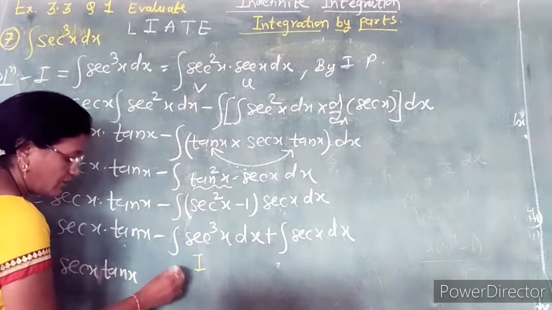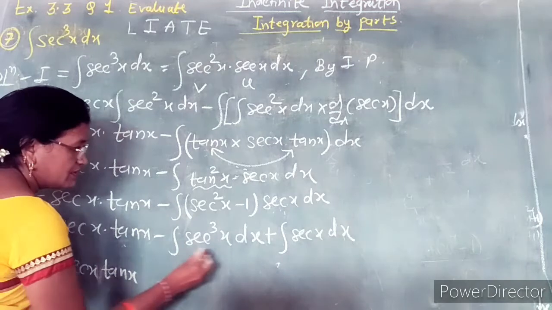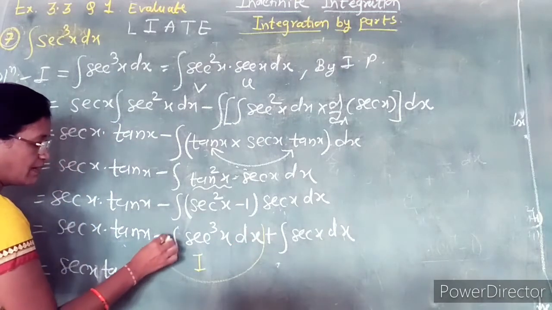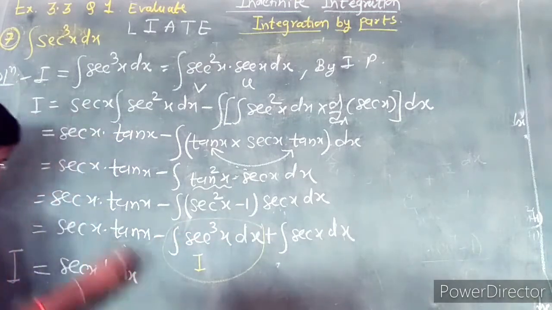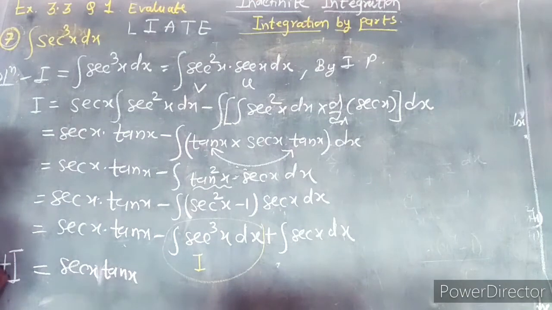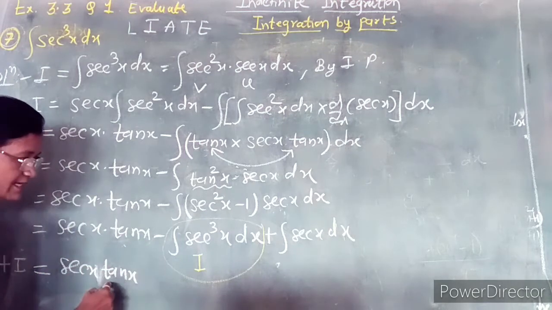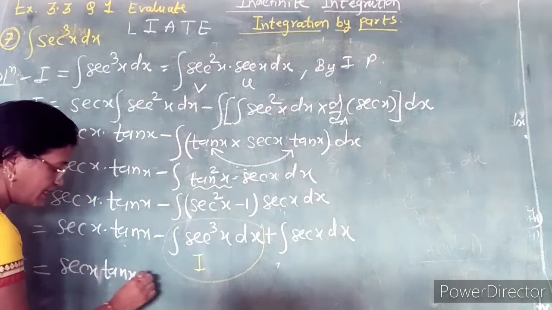Now this value of I, which has the minus sign, can be shifted to the left side. We get here I plus I equals this sec x tan x as it is, and this becomes I, which can be shifted, plus.